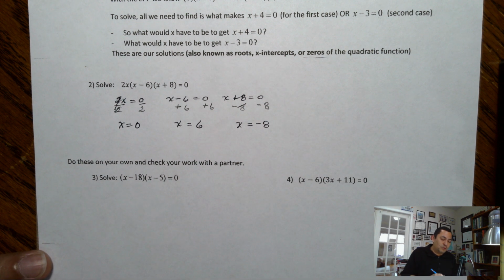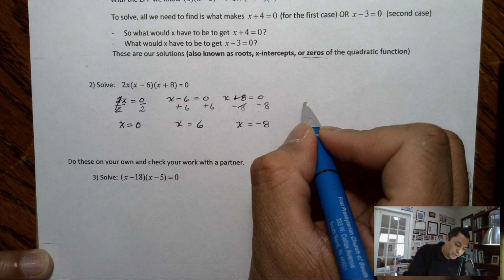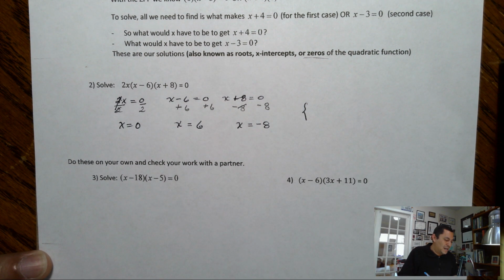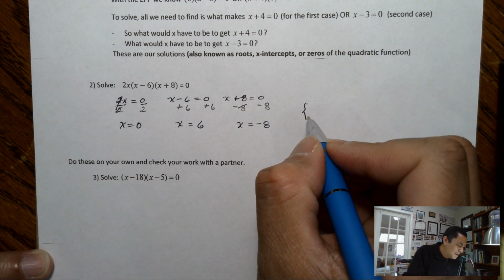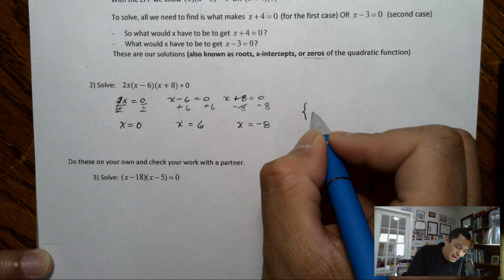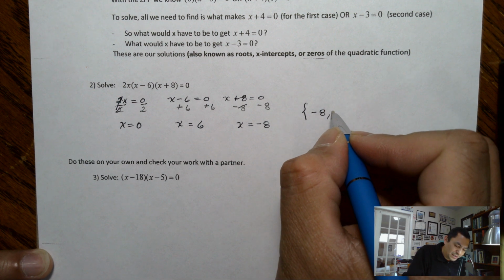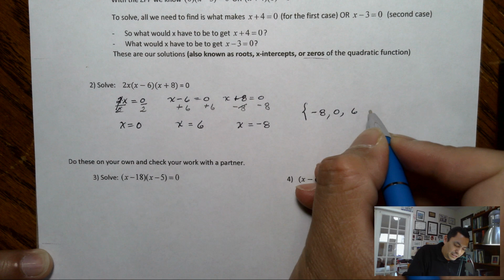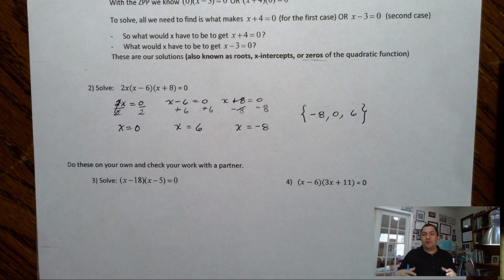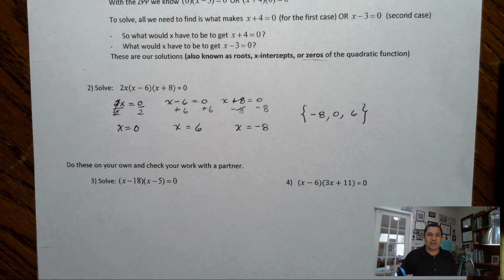My solution is going to be, using curly brackets, negative 8, comma 0, comma 6. These are your zeros, x-intercepts, or roots.